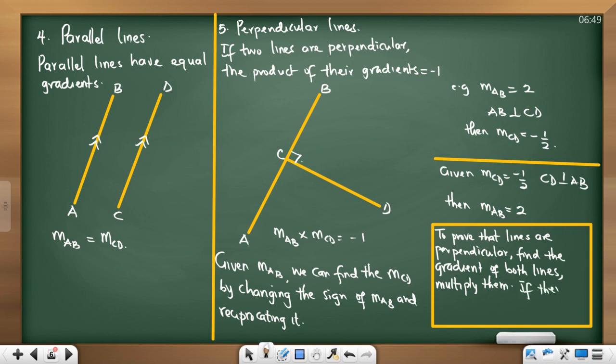If their product is negative 1, then by the converse, the lines are perpendicular.